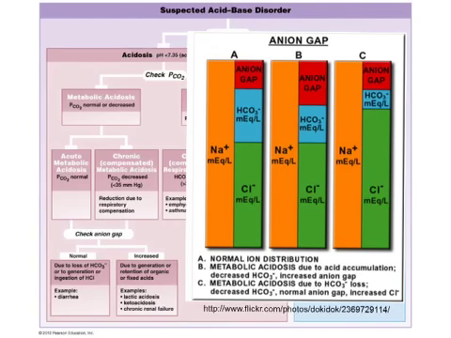Under normal conditions, there's a slightly higher concentration of sodium, a cation, in the blood than there are anions. That's what you're looking at in column A here. Here's the quantity of sodium that you have. Here's the quantity of chloride plus the quantity of bicarbonate, and the difference between these two columns is the anion gap.